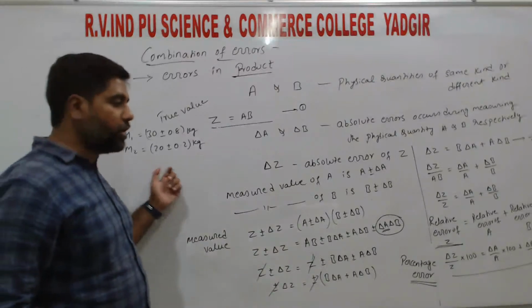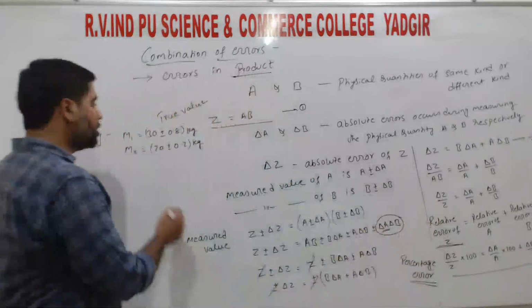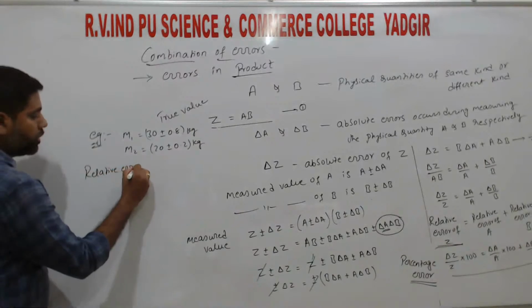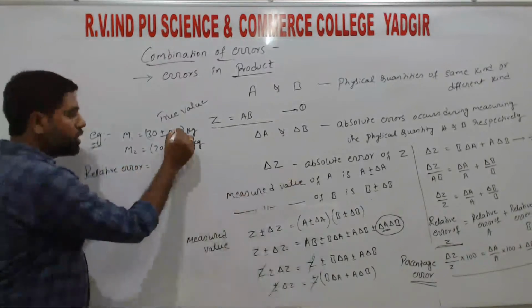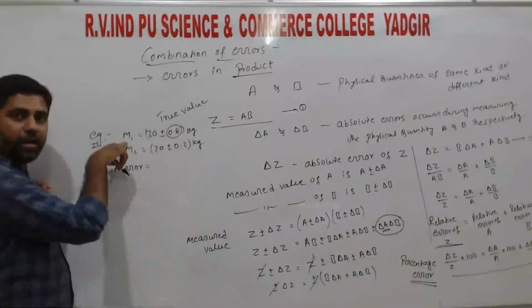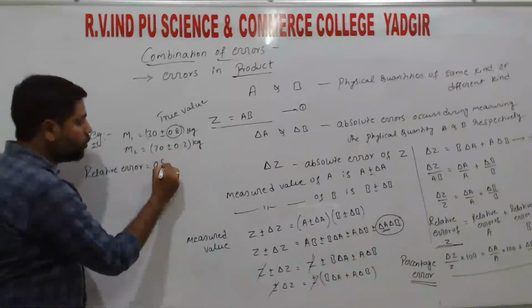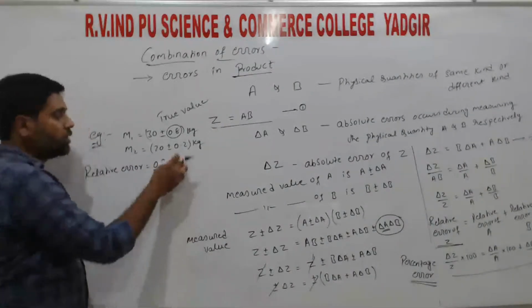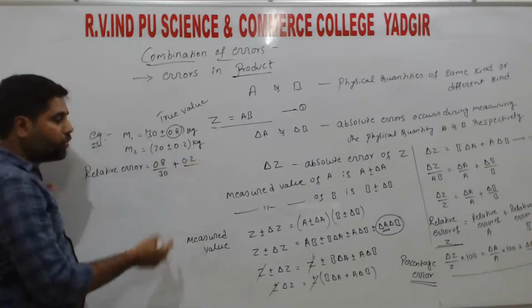So as soon as we are asked to find the relative error, which formula should we use? Delta Z by Z, right? So that is the relative error, which equals delta Z, what is it? The absolute error, right? So that is 0.8 in A. The true value is 30, right? So that is 0.8 divided by 30 plus the second value's absolute error 0.2 divided by the true value 20, right?